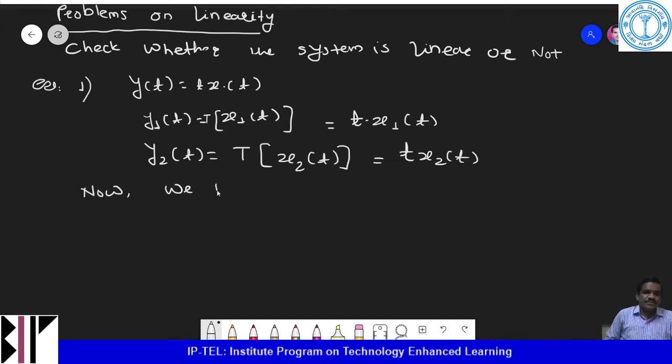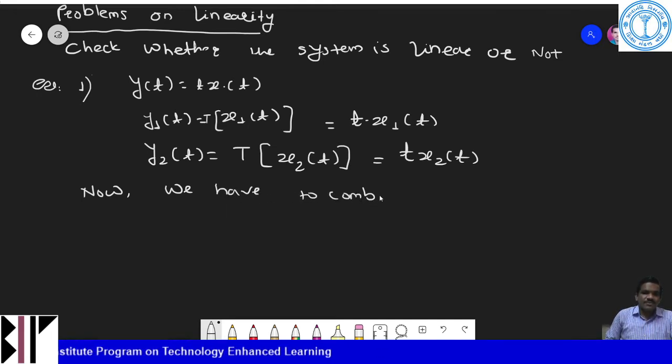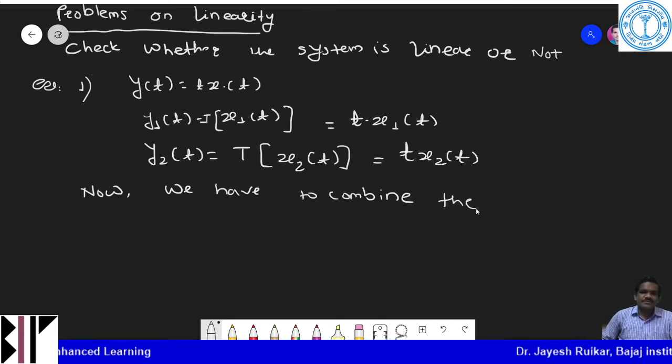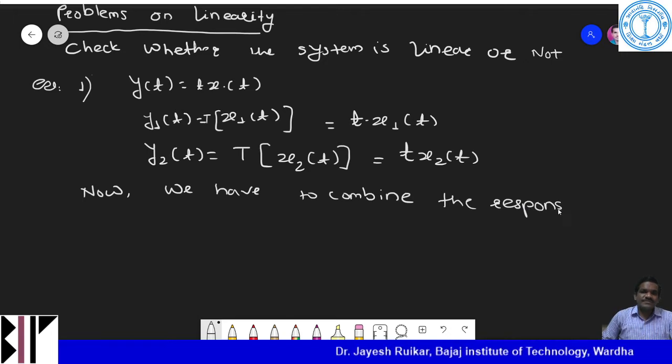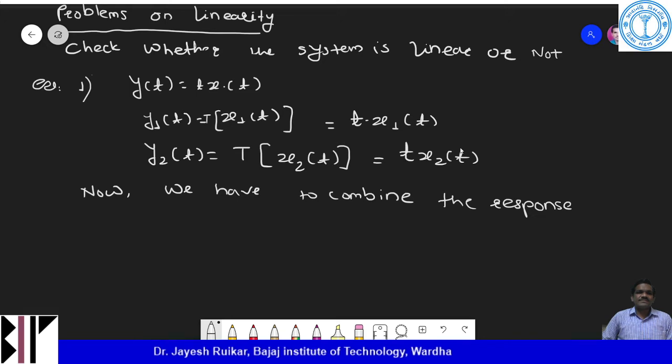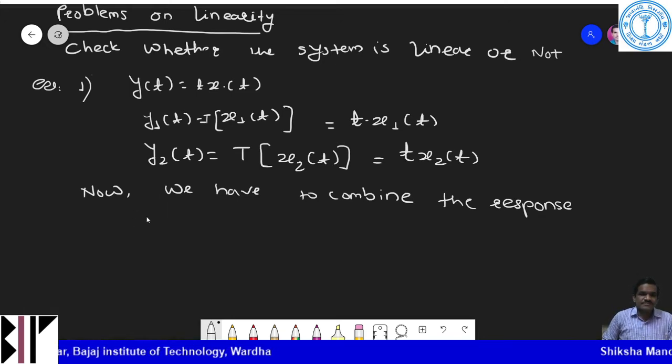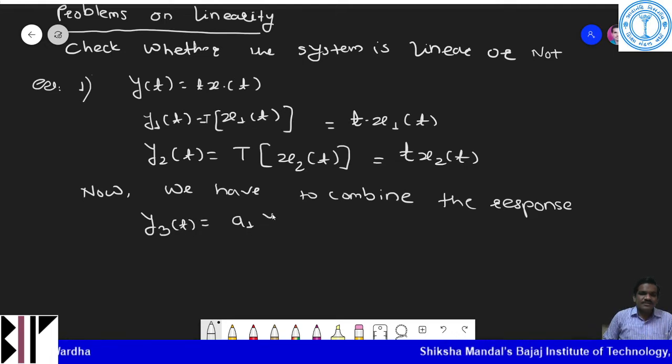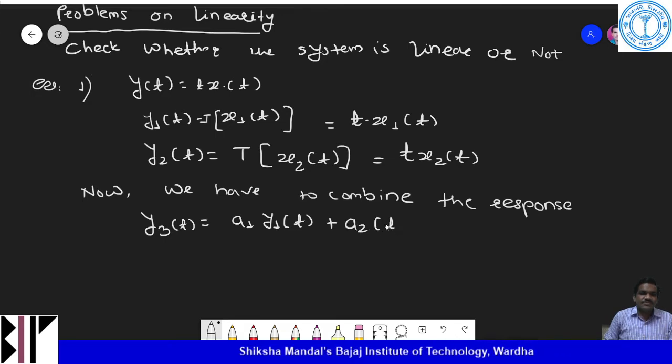Now we have to combine the responses. These are the individual responses of the system, that is, y1 of t and y2 of t. So y3 of t is nothing but the combination a1 y1 of t plus a2 y2 of t.